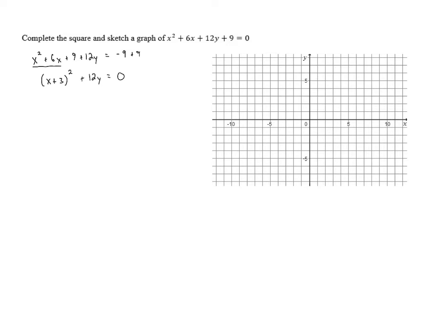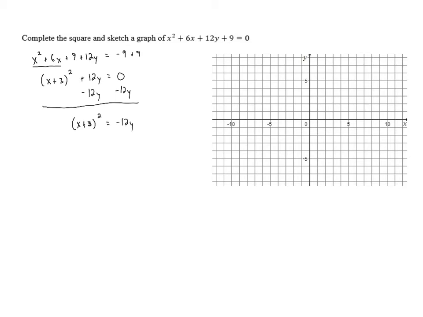And so what we want to do is actually move the 12y to the other side so that we end up with something in the proper form for a parabola. So if we subtract 12y from both sides, this gives us the quantity x plus 3 squared equals negative 12y.